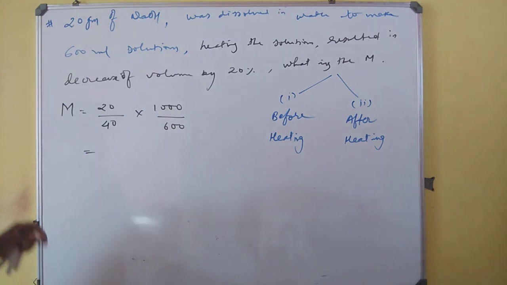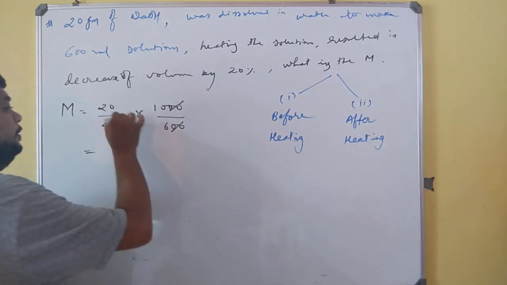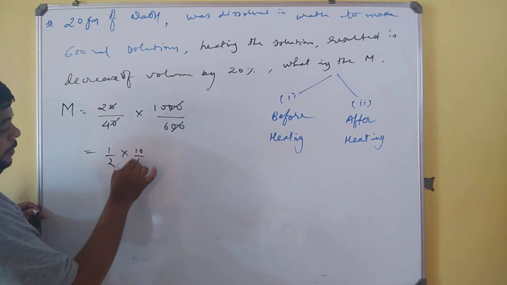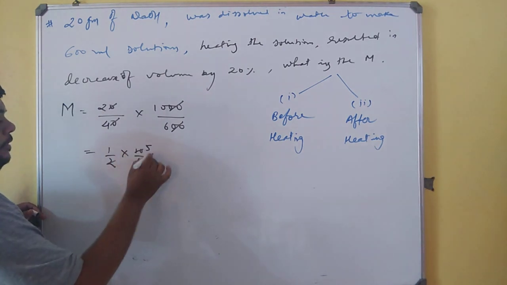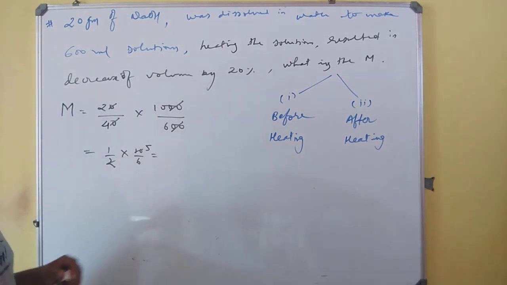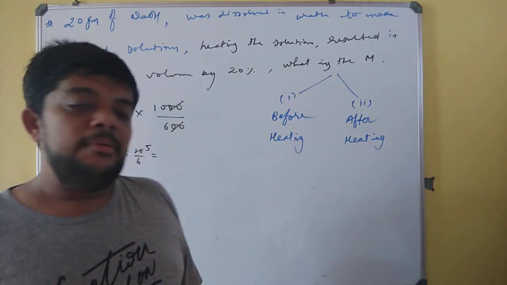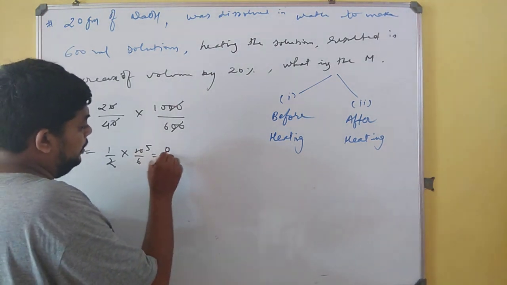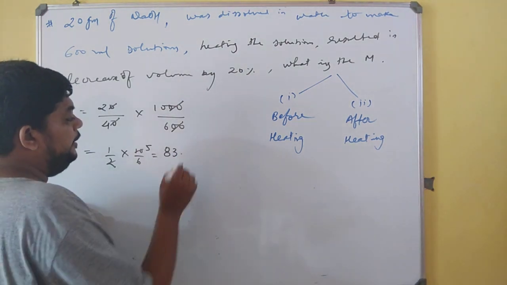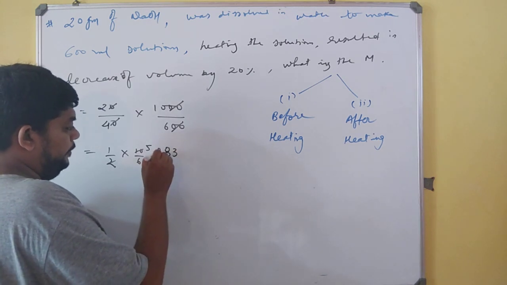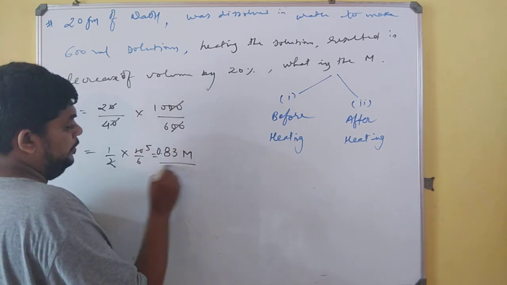A very simple numerical to end up with. You will just end up with 1 by 2 into 10 by 6, so it will be 5 by 6. And remember, when you have 5 by 6, it becomes very easy for you to solve. Somewhat around 0.83 molar.